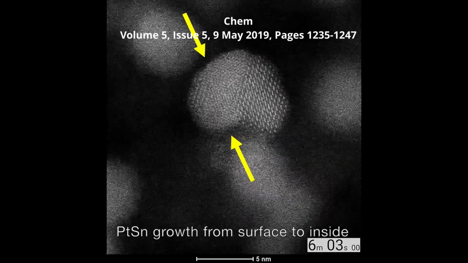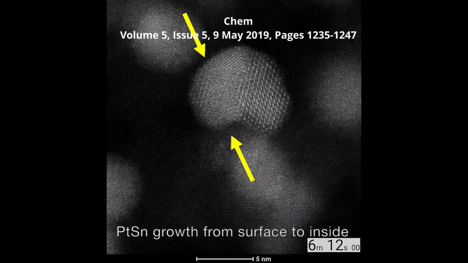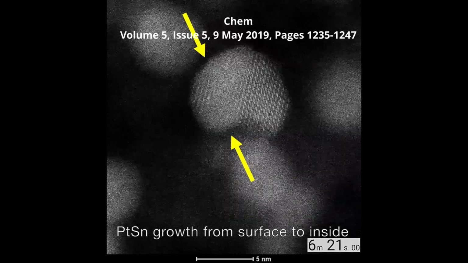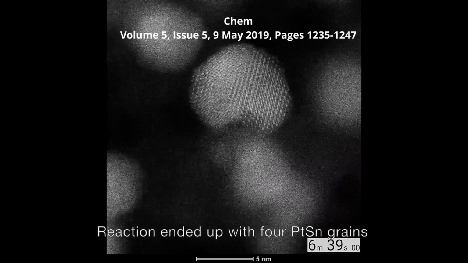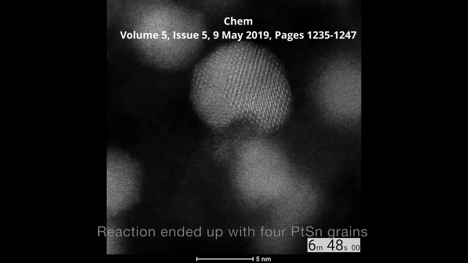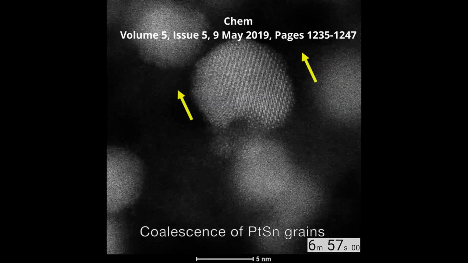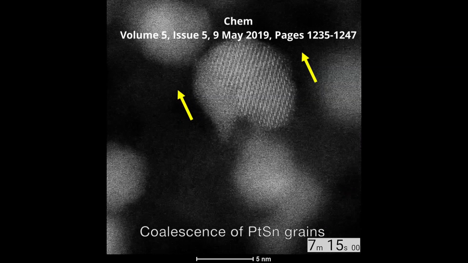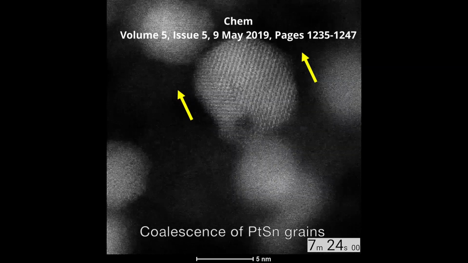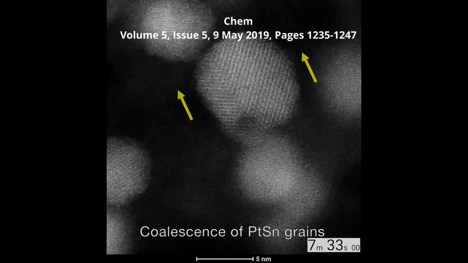In any case, it is clear that tin oxide species present in the catalyst are reduced by the hydrocarbon feed during the dehydrogenation reaction and during the pre-reduction step, yielding a platinum-tin alloy.